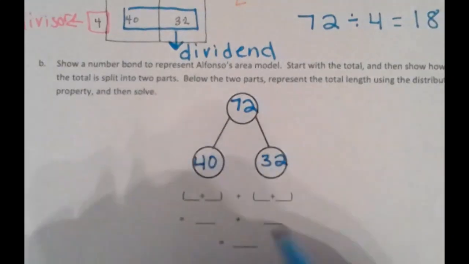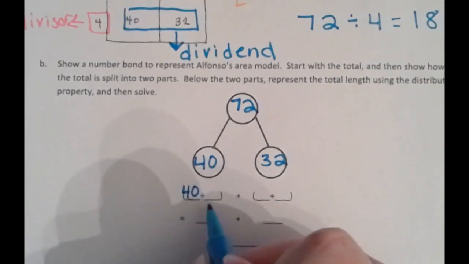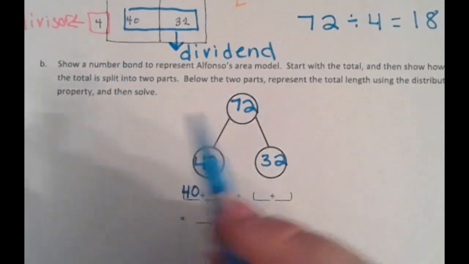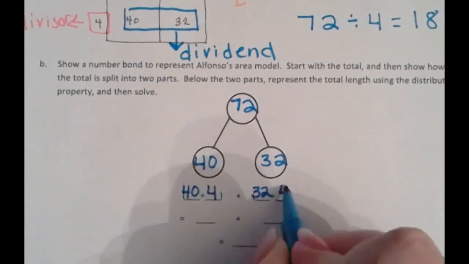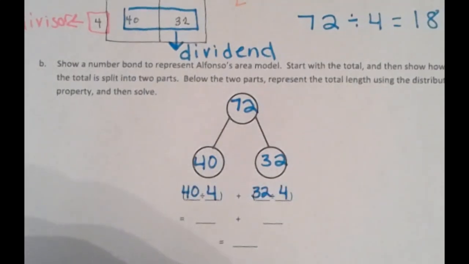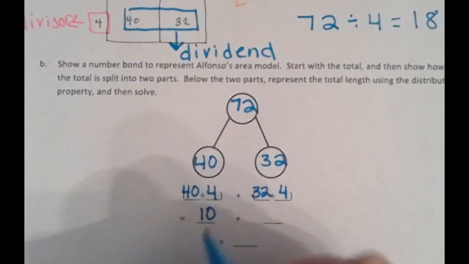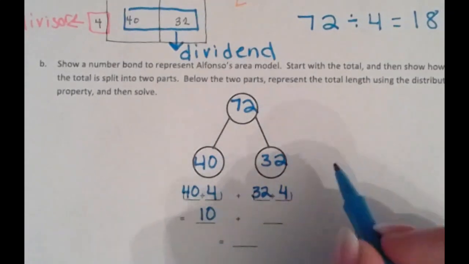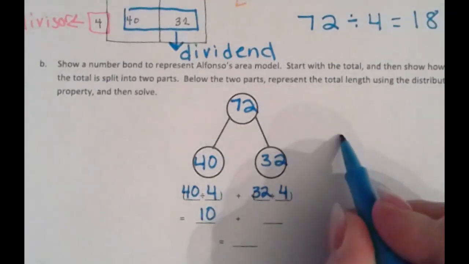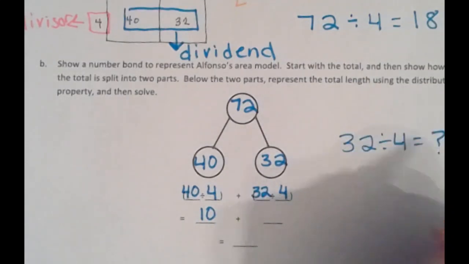That means I would have 40 divided by our divisor, which was 4, and then 32 divided by 4. 40 divided by 4, we know, is 10. 32 divided by 4, hopefully we can use our multiplication to help us out. 32 divided by 4 equals something.